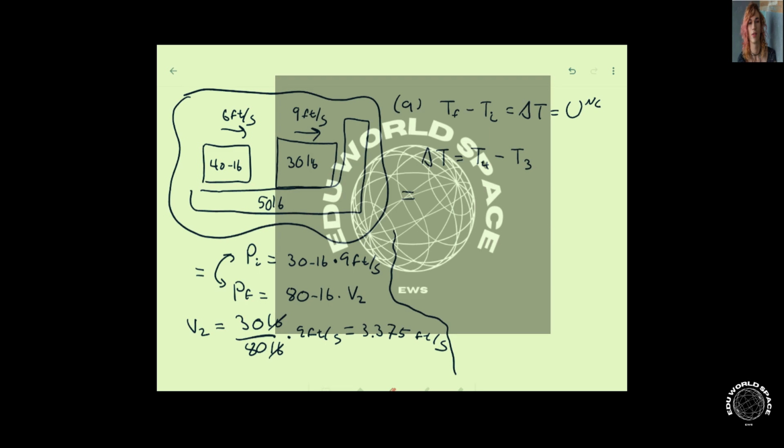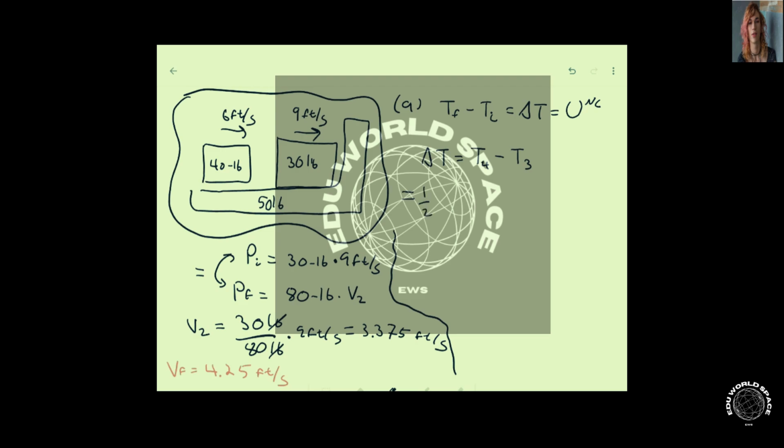What is our total kinetic energy? Well, right after it's all done, when they're all together, we found out from a previous problem, I'll just write it down here, that the final velocity of everything together ends up being 4.25 feet per second. So, from that, we can calculate the total kinetic energy of our system after both suitcases have been thrown on the suitcase carrier.